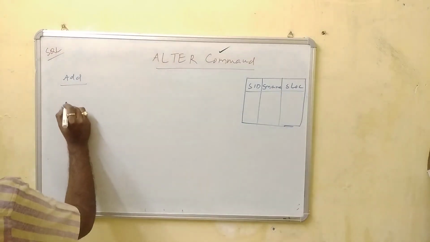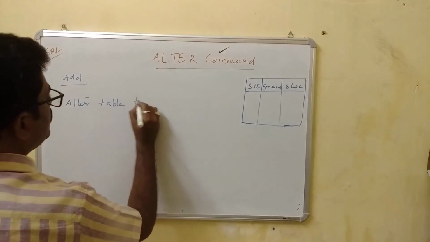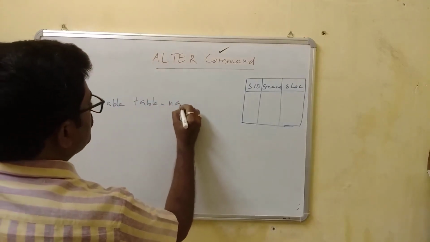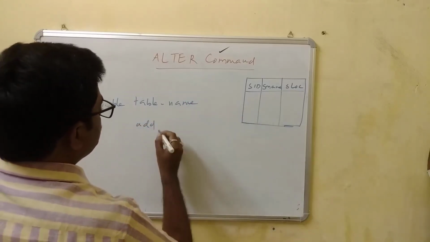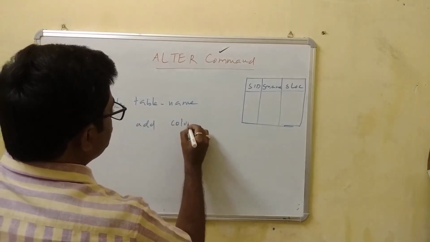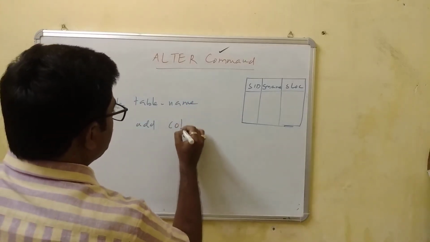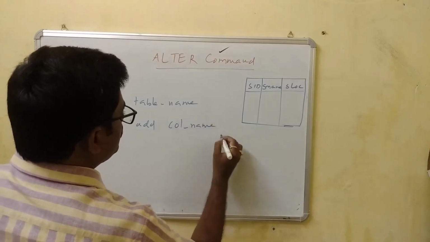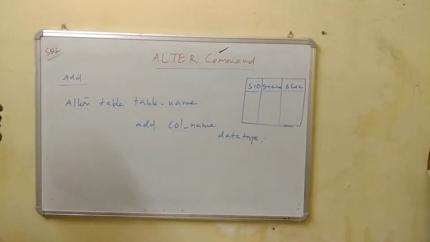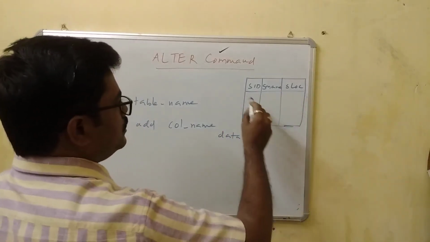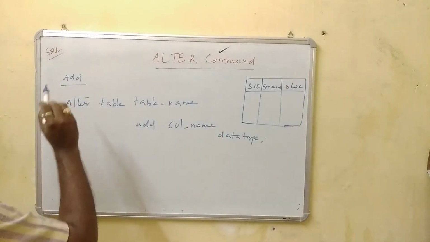Add: alter table table name add column name, and we need to mention the data type of the new column also. So these are 3 columns, and if you want to add one more column, we can do it by using the alter command.